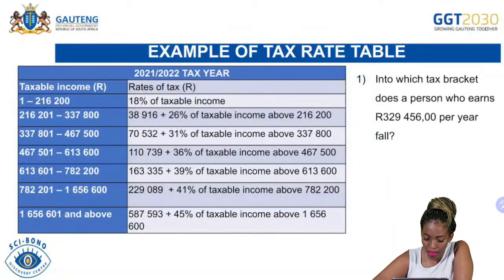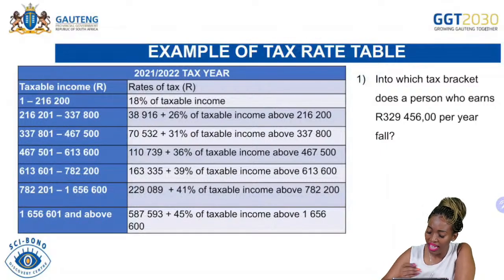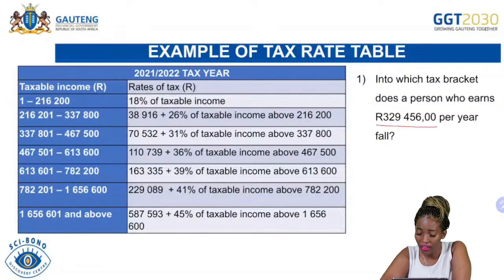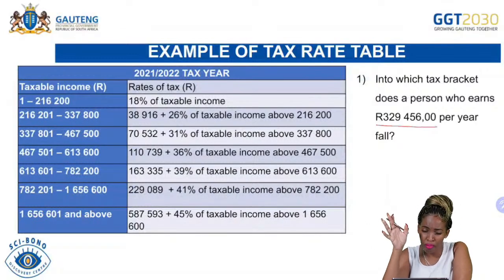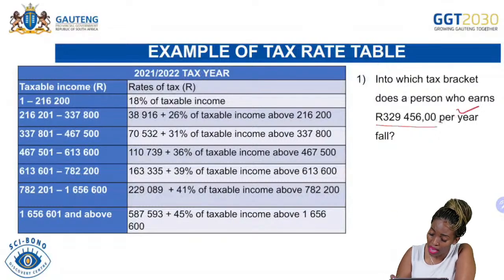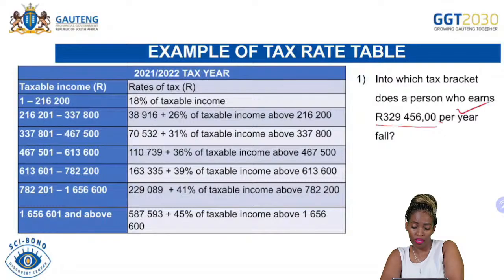Here is an example. It's still our same tax rate table. Look at number 1. Into which tax bracket does a person who earns 329,456 per year fall? Remember what I said, we want to check first that our amount is in the annual format. Annual means per year. So you check it is per year, and we are happy with that.